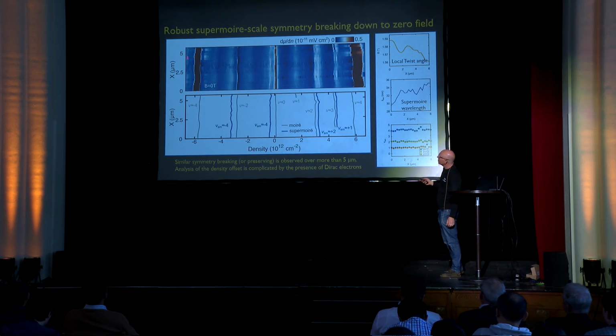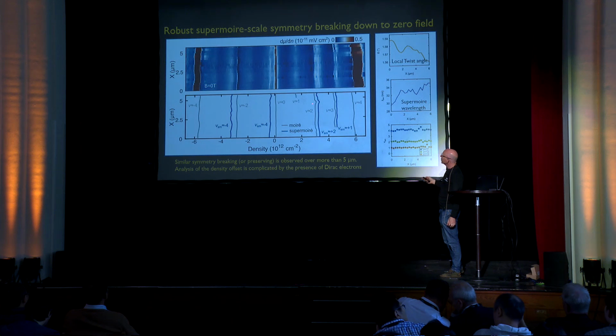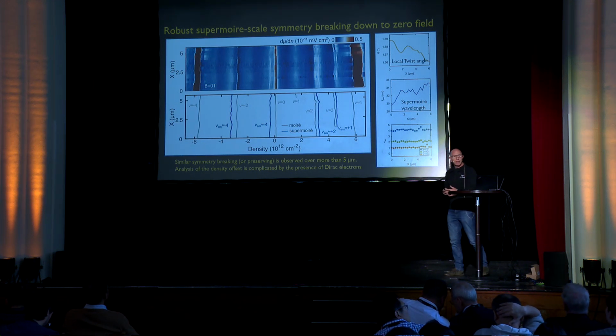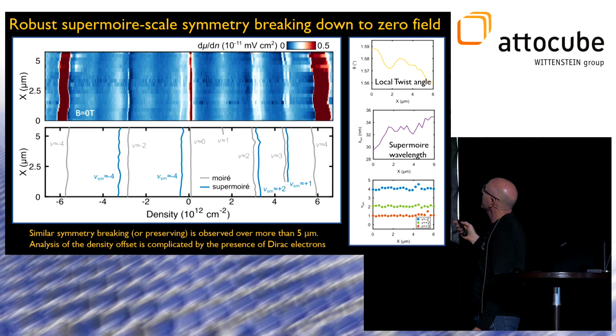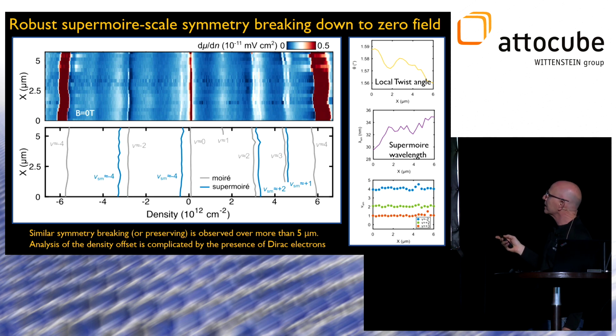This is a spatial map as a function of position, roughly 6 microns, and you can see where these replicas appear. They're meandering around very much like the moire itself, from which we can then extract what the moire twist angle is and the supermoire wavelength, and you see that it's wandering around from 30 to 35 or 40 nanometers, and we can extract the degeneracy.